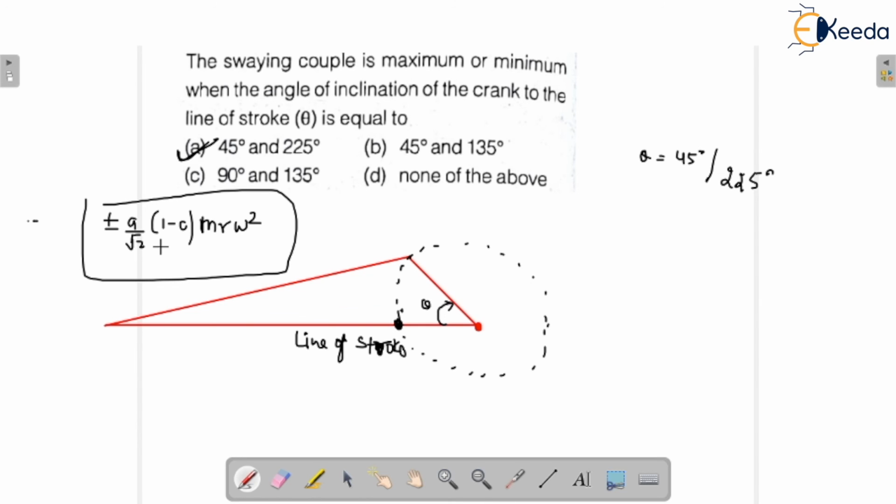So there is a little difference between the two formulas. In the tractive force, we consider root 2, whereas in the sine couple, we consider a by root 2 in place of root 2. That is basically the difference. You must remember that so there will not be any confusion in the examinations. So option A would be the correct answer.